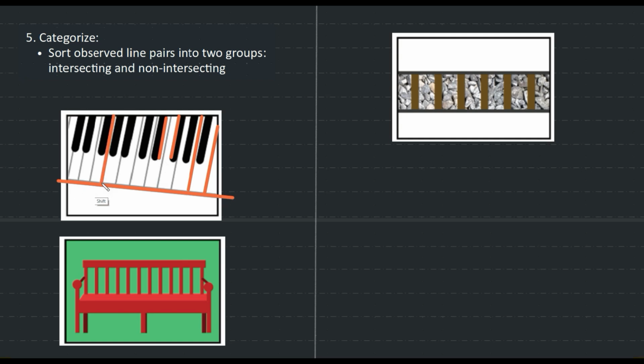This too is a line. This is a line. This is a line. These are lines again. And here too we have lines. Again, I'm just extending so that it's visible.